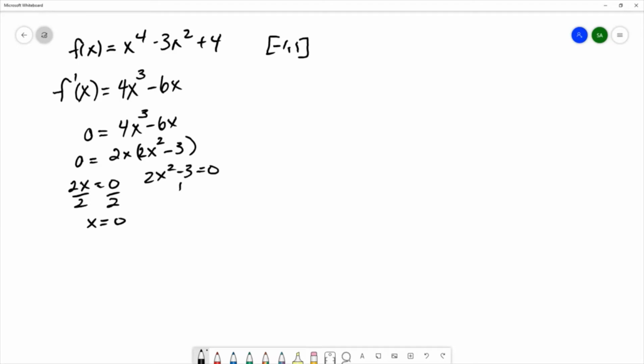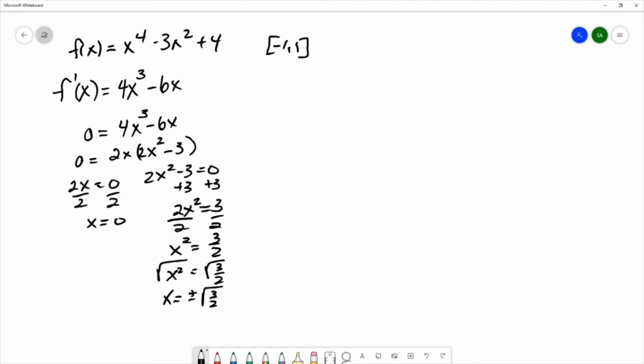Over here I would add 3 to get 2x squared equals 3. Divide by 2, and x squared equals 3 over 2. I'll square root both sides and get x equals plus or minus square root of 3 over 2.